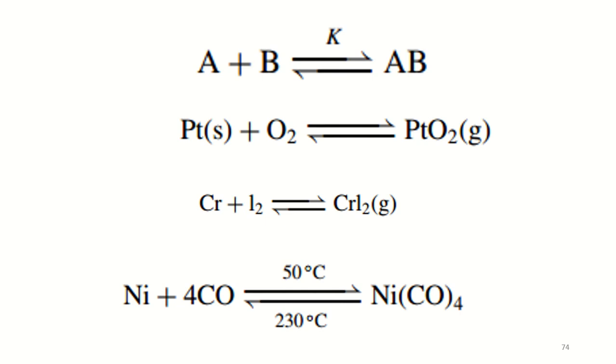The Mond process for the purification of nickel was a very important industrial scale reaction in which nickel is reacted with carbonyl at about 50 degrees Celsius and 230 degrees Celsius to produce nickel carbonyl.